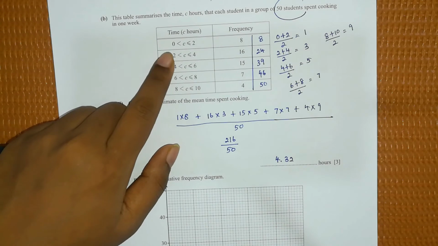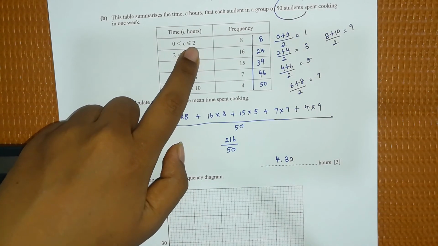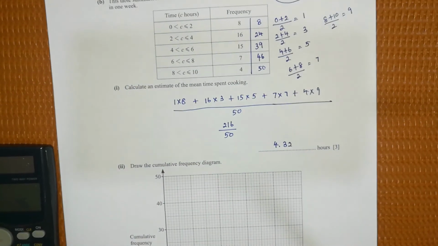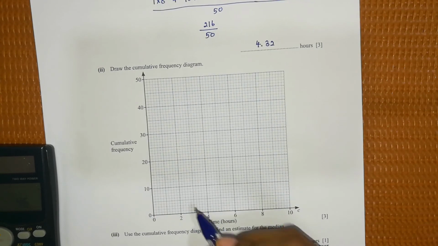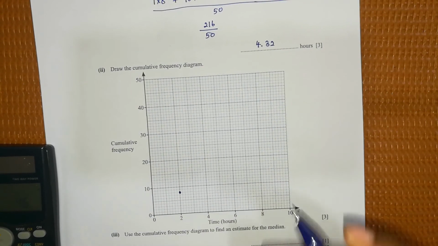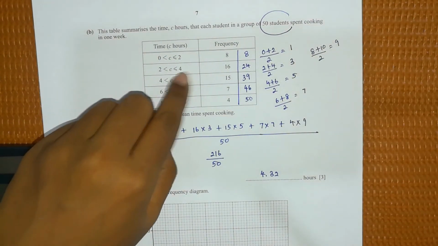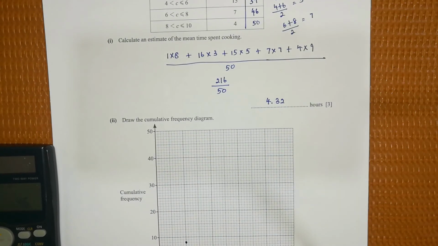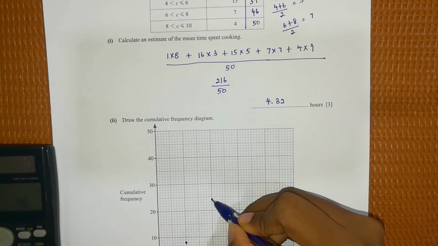Then when we are adding this, it is like 0 to 2, 8. So we have to plot the point at 2. When it is 2, you have to have 8. Then when it is 4, it's 24. Like that way you have to plot the points. 4 it is 24.